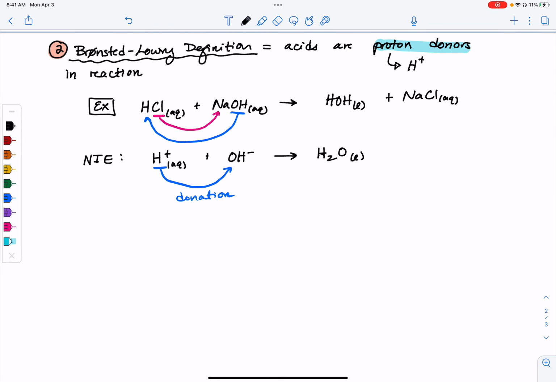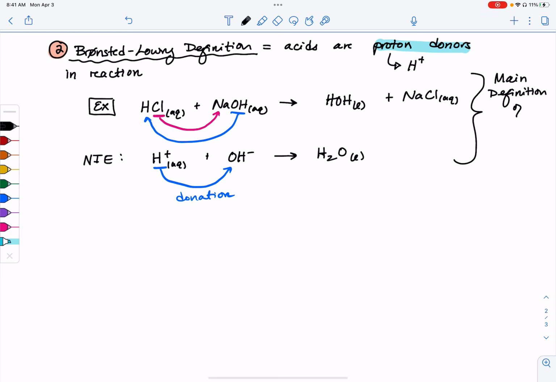This Bronsted-Lowry definition is going to be the main definition of acids that we utilize in Chem 210, simply because we are mostly concerned about acids and what they do when they react with something else.